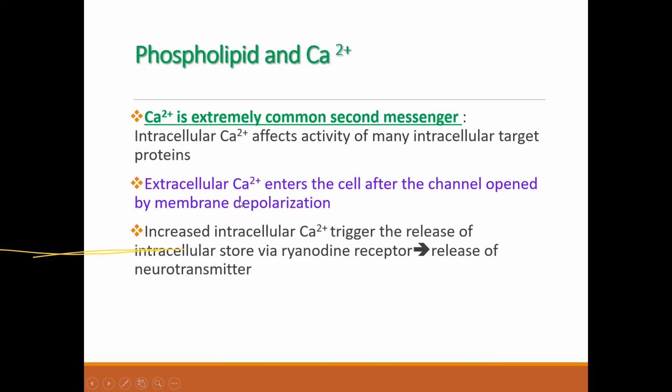The calcium concentration inside the cell can be increased by extracellular calcium ion. Extracellular calcium ion can enter the cell after the calcium ion channel is opened by the action potential or by membrane depolarization. The increase in intracellular calcium ion can trigger the release from intracellular stores, for example through the ryanodine receptor, and then the release of neurotransmitter occurs later.